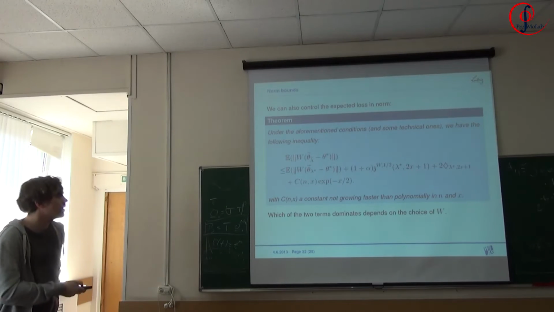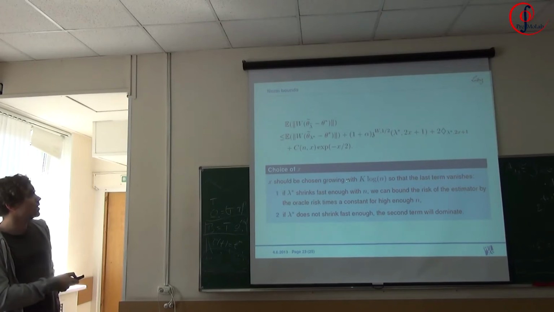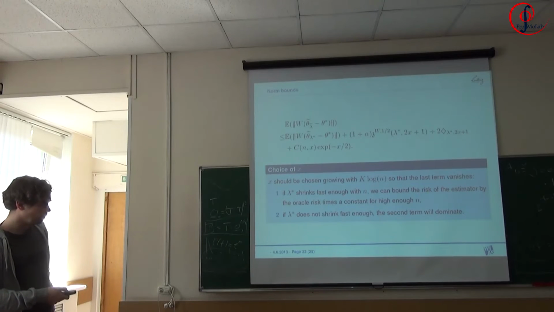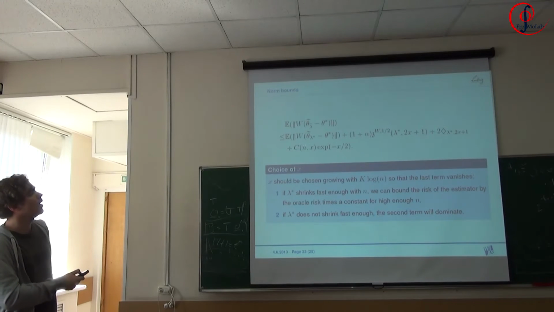And so the question is, what is the nice choice for x? If you look at this, it's just a repetition of the last slide. We can see that we should choose x as some k times log n, and that will give us that this guy goes to 0 at least as fast as this guy, so we can choose a k such that this is the case.